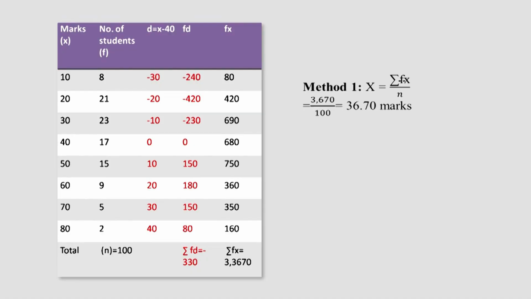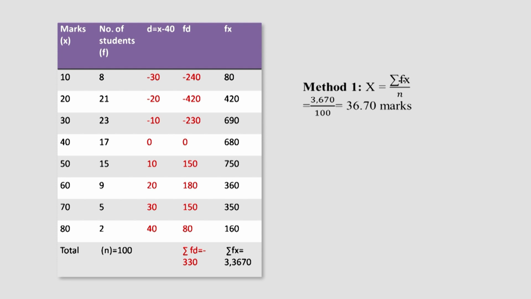Now, when we are trying to calculate the mean, simple arithmetic mean for that particular data set which is given, how do we calculate? Here we would say that mean x bar is equal to summation fx, or maybe you can also call it sigma fx, which is basically the sum total of fx. So, x bar or mean is equal to summation fx upon n.